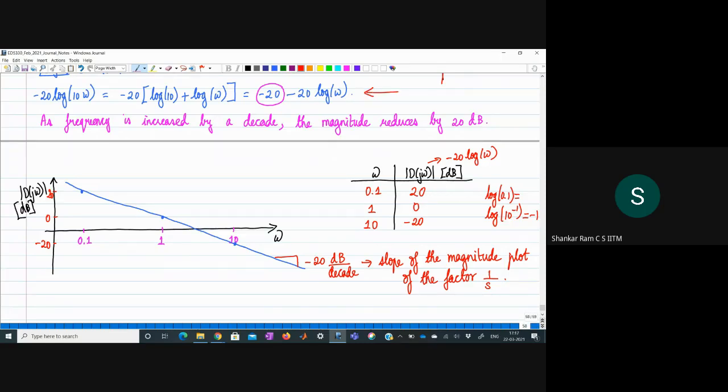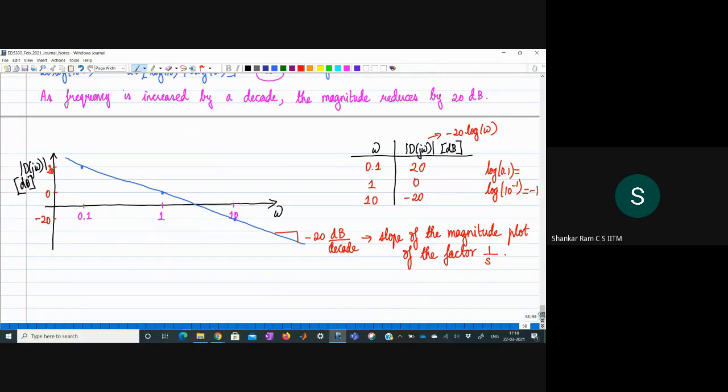When we went from omega to 10 omega, we saw that the value reduced by 20, right? That's what we used to write it. So we can immediately see that this is the magnitude plot of 1 by s.